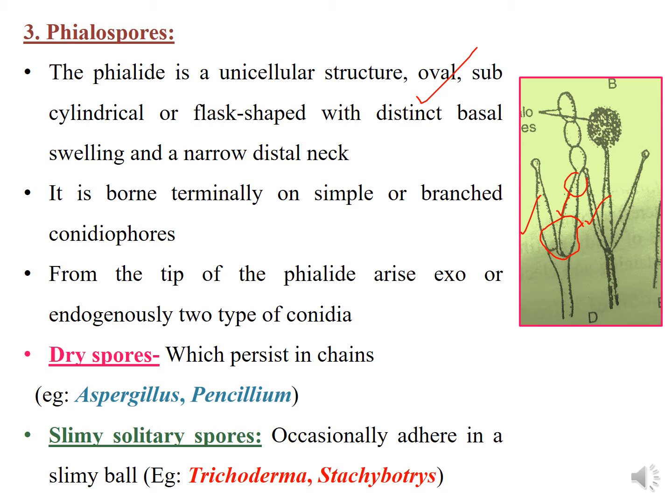In the case of dry spores, the conidia are formed in chains, and we can see this in Aspergillus and Penicillium. The second one is slimy solitary spores. Here in the second picture you can see slimy solitary spores, where the spores adhere together in a slimy ball-like structure. These slimy solitary spores can be found in Trichoderma and Stachybotrys.